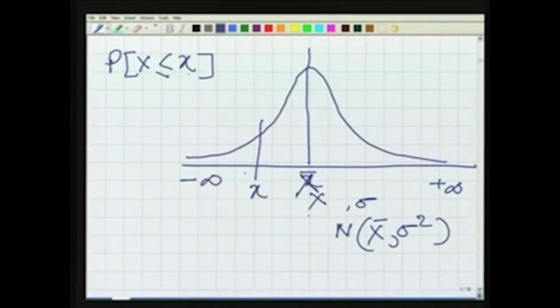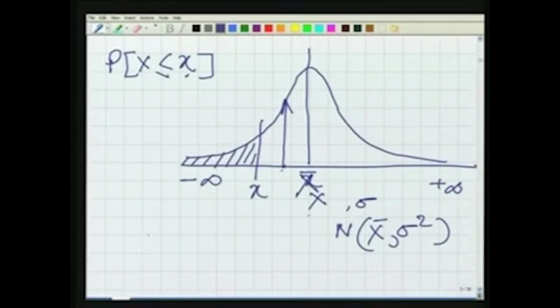Now, as you know, in this curve, at any point here, this is the probability of occurrence of this particular value. What we are looking for here are all the values which are less than or equal to x. So, what is that probability? That probability is basically the area of the curve here.